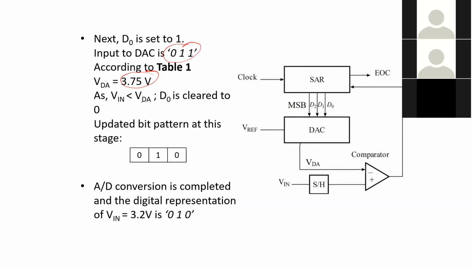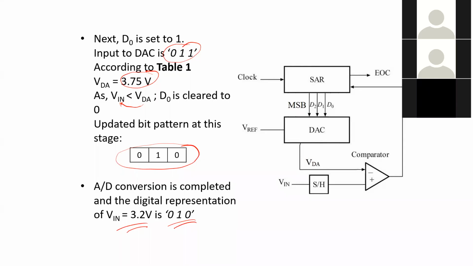And as 3.75 volts is greater than the Vin of 3.2 volts, the SAR will set D0 equal to 0. So the final bit pattern that you are going to get after the 3 cycles will be 0, 1, 0. So for this particular 3-bit successive approximation ADC, for 3.2 volts, you are going to get a digital bit sequence of 0, 1, 0.